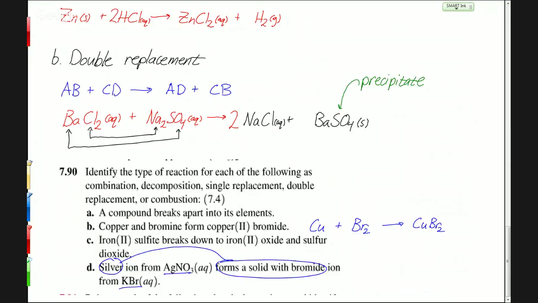So the Ag is going to go with the Br, and the K goes with the NO3. So that equation would look like this. AgNO3 plus KBr becomes AgBr plus KNO3. And all of those would be aqueous except the AgBr, which is a precipitate, solid precipitate.